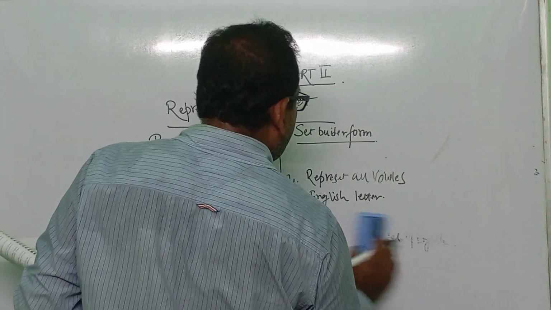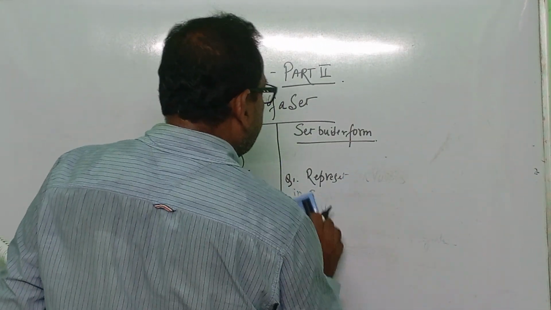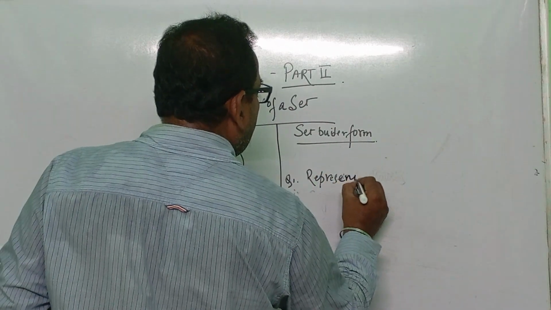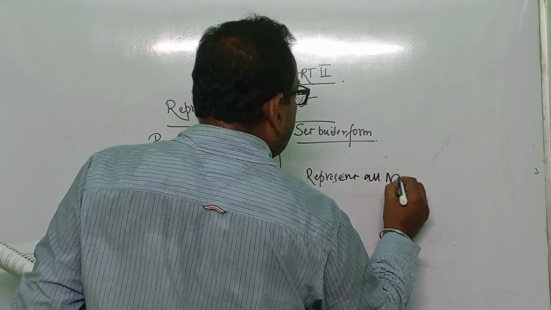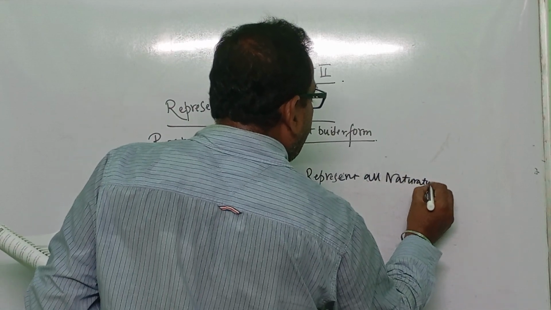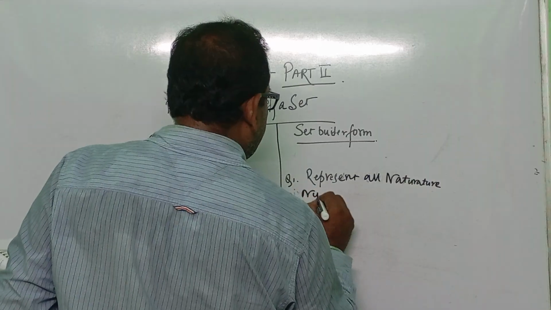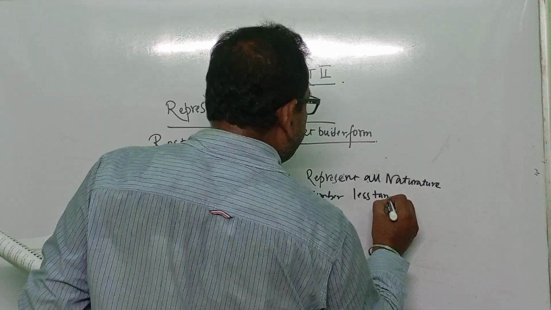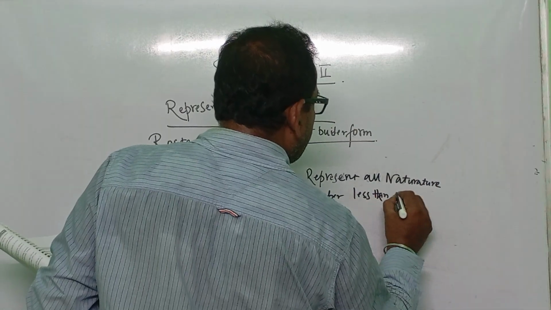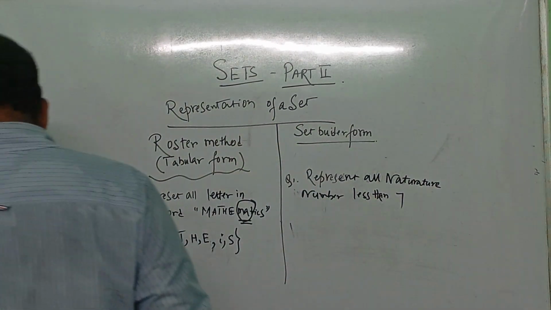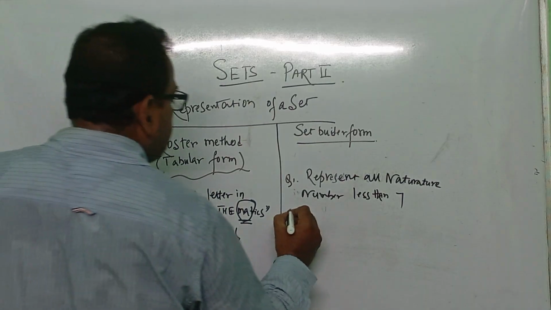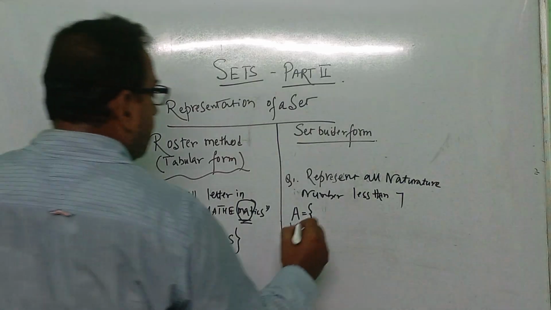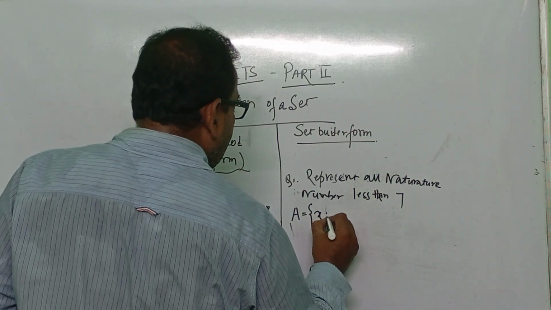Now over here, represent all natural numbers less than 7. How do we take that? Set A, second bracket, where X is an element.